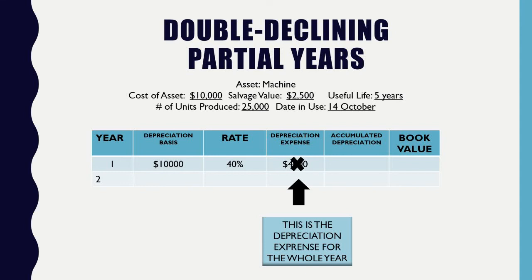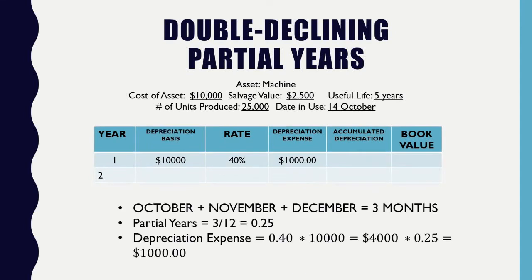Okay, so we need to figure out, in comparison to years, October, November, December is equal to 3 months. 3 months out of a year is 3 out of 12, which goes through evenly. It's 25%. So 25% of the year. So what I have to do is take my depreciation expense.